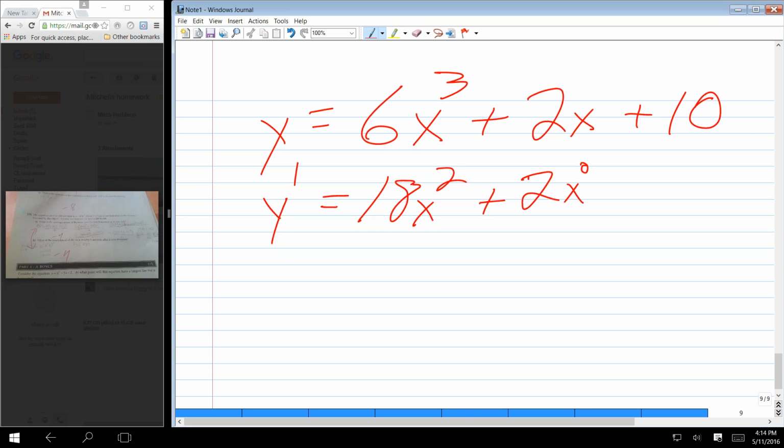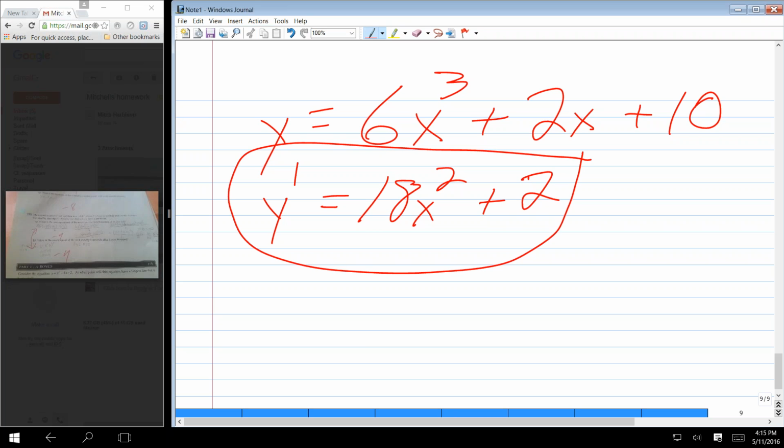Well, that's always 1. So whenever you apply the power rule to an x whose power is 1, the derivative is just the coefficient. And the derivative of all constants is 0. So this is your final answer.